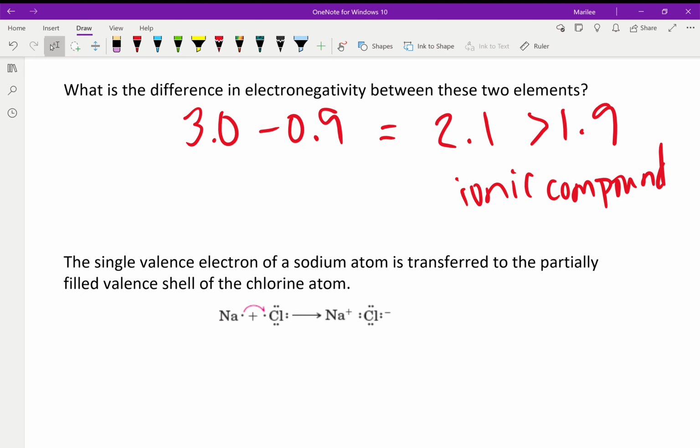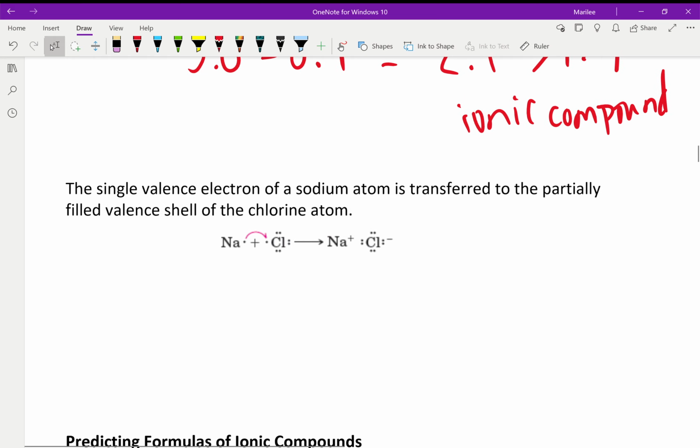If we look here, the single valence electron of the sodium atom is transferred to the chlorine to have that octet rule, the octet rule for both the sodium and the chlorine.